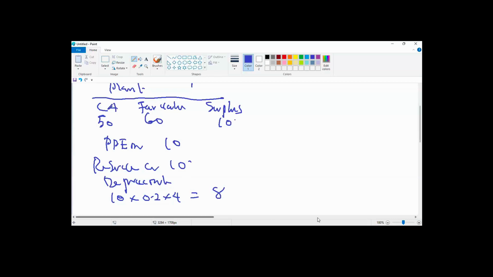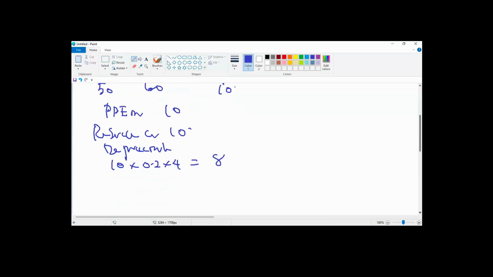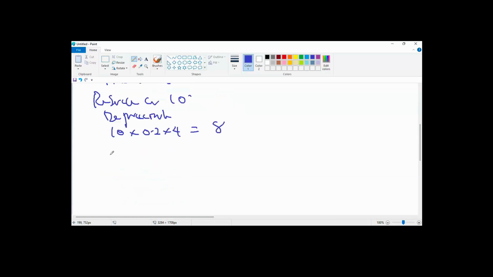The depreciation now: PPE credit, adjusted.